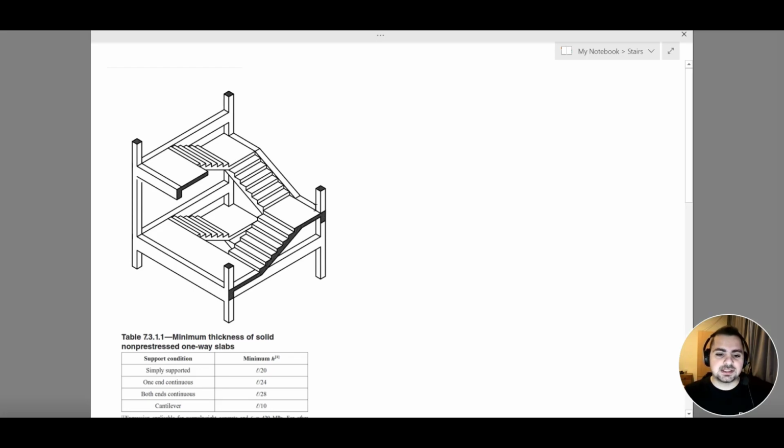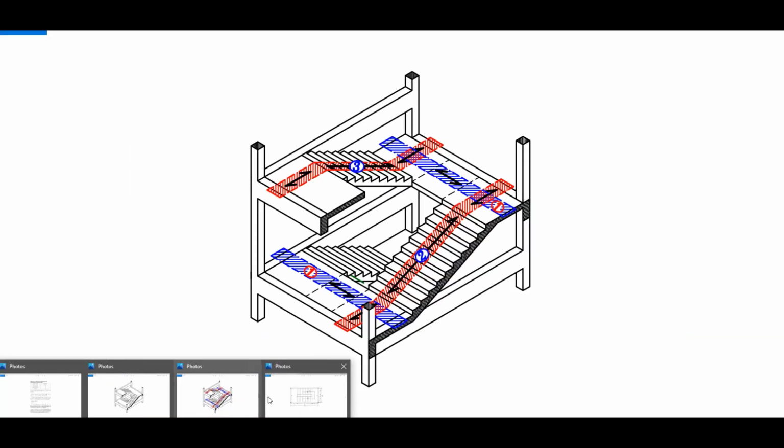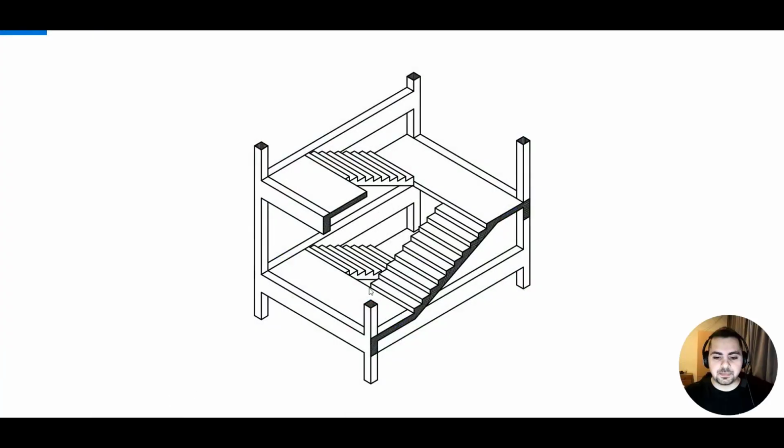If you look at this image, we can see that in order to go from one floor to the other, we need to go up the stairs, then reach our landing, or basically your resting spot, and then go up the stairs again to reach the upper floor.